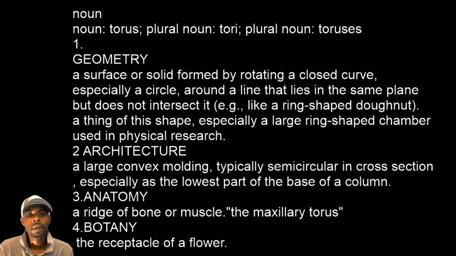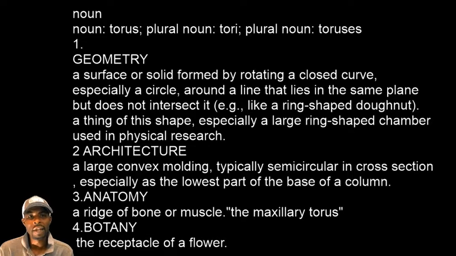In geometry, the torus is a surface or a solid formed by rotating a closed curve, especially a circle, around a line that lies in the same plane but does not intersect it, like a ring-shaped donut.